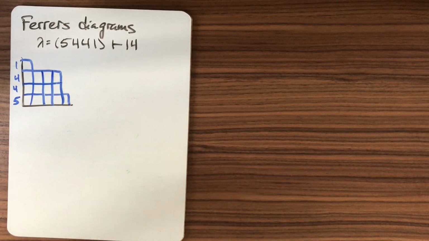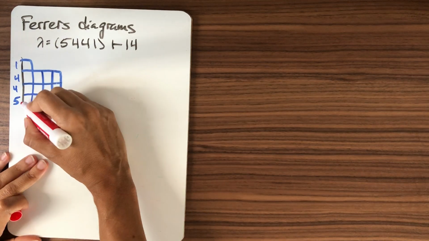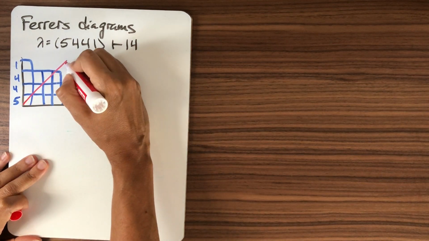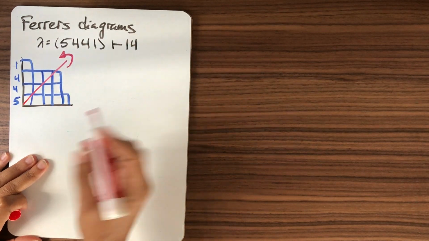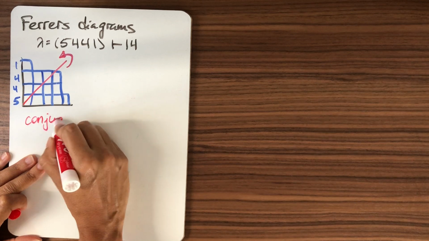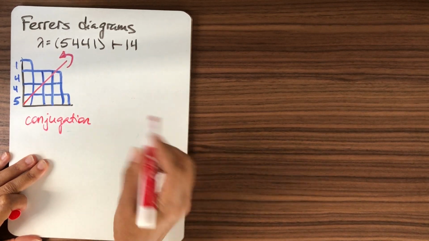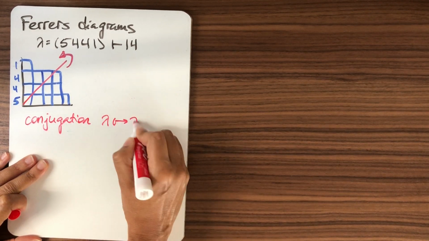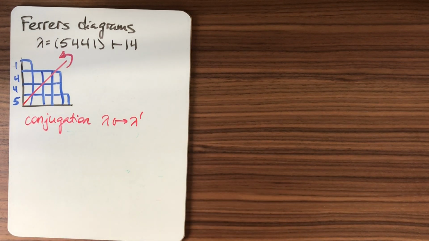Then I can think about doing different actions on this diagram, and that can lead to interesting formulas for partitions. So here is the main diagonal, and we can think about this idea of conjugation. Conjugation is just reflecting the Ferrers diagram across the main diagonal. And when we do that, we end up with a new partition.